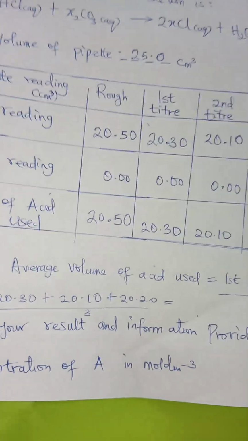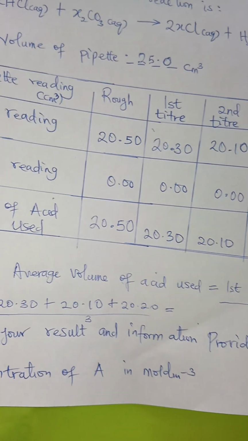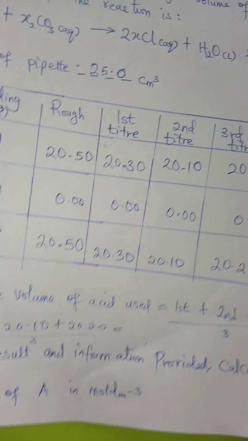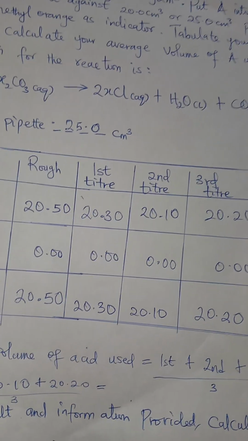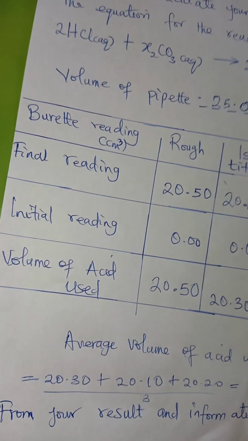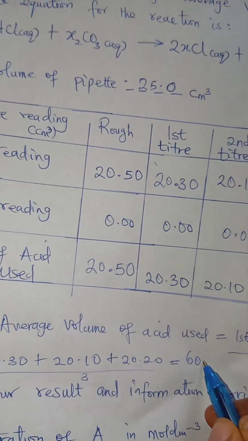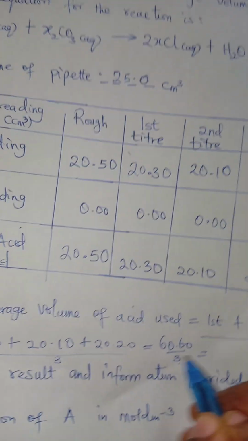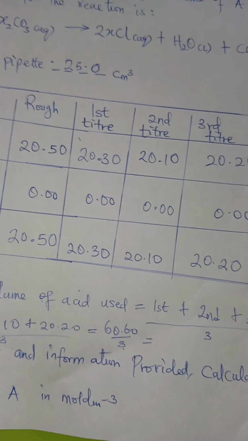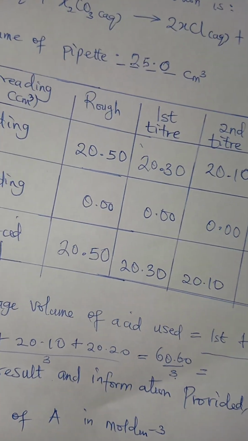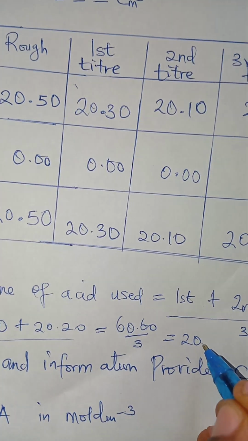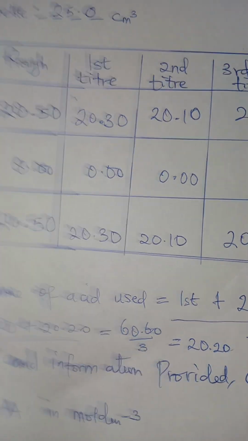If you use your calculator, you have a total of 60.60 over 3. When you divide by 3, you have 20.20 as my average volume of acid used.